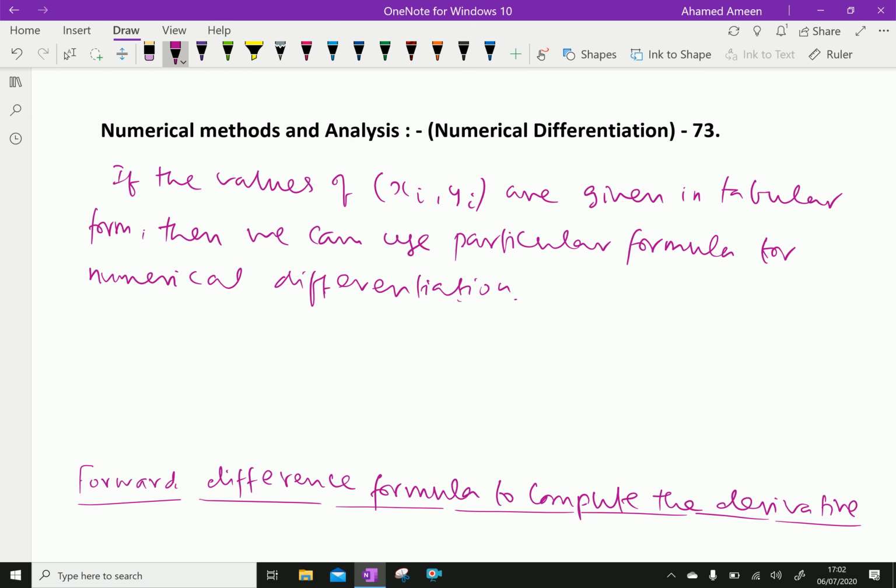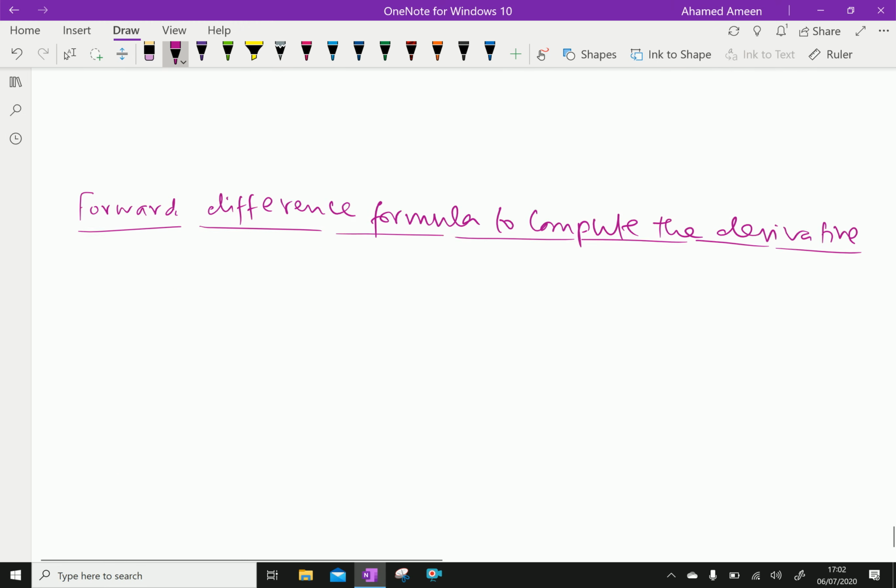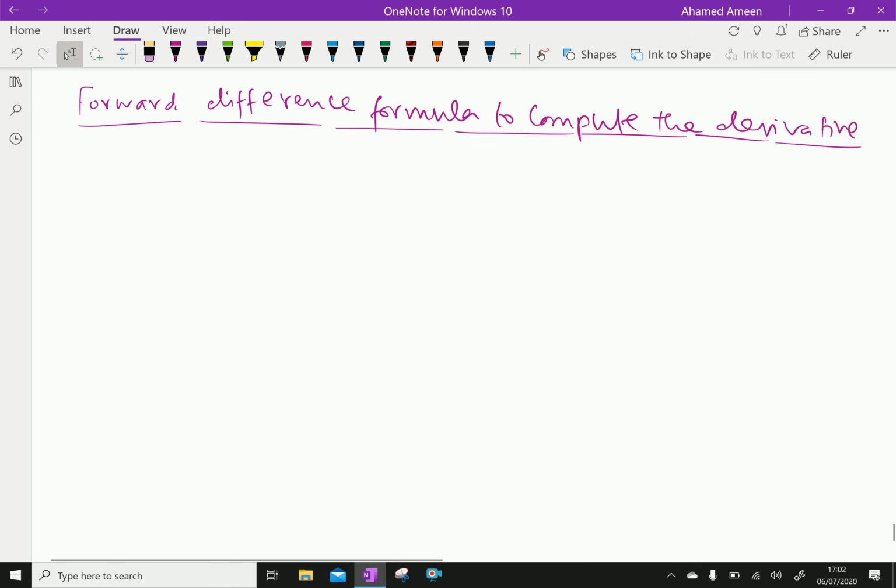Maybe you can use forward difference formula, backward difference formula, as well as Lagrange's formula and Stirling formula. Whatever we can use in a particular condition, we can use that. Now, let us discuss the forward difference formula to compute the derivatives.